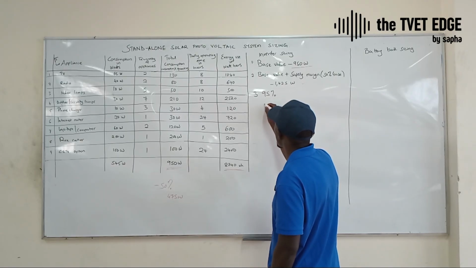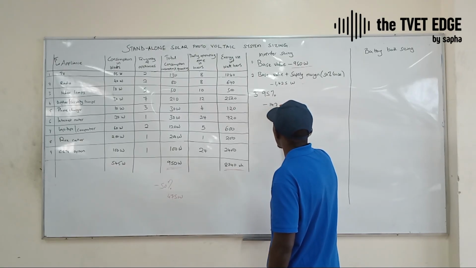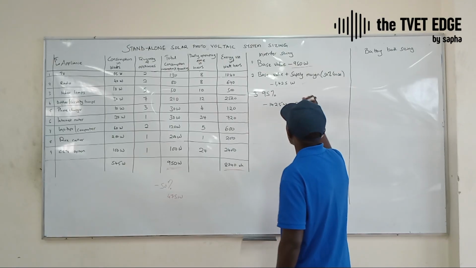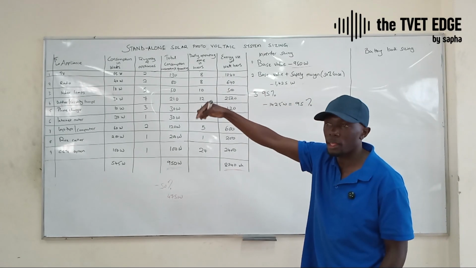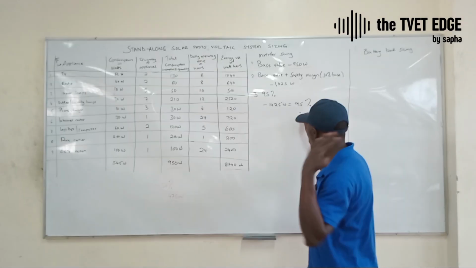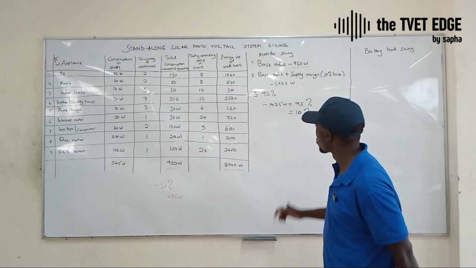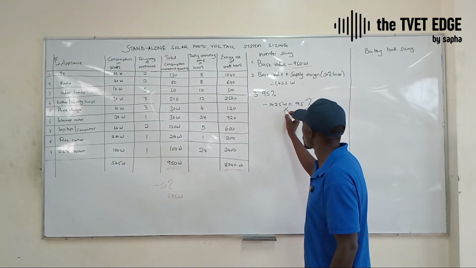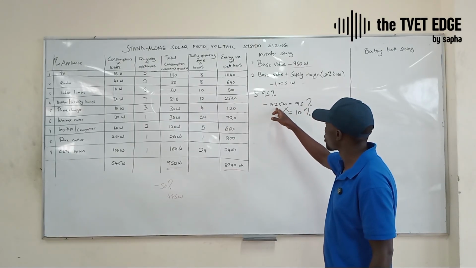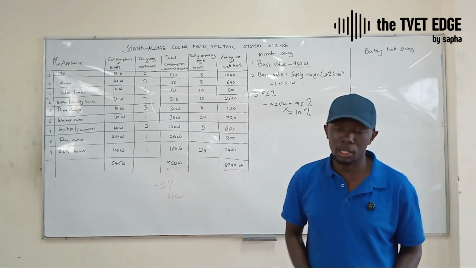So we assume 1425 watts is equivalent to the 95%. This is the value at the end, at the output. At the input side of the inverter, it is 100%. So what will be the input value? You take your 100%, you cross multiply: 100% multiplied by 1425 watts divided by 95%.